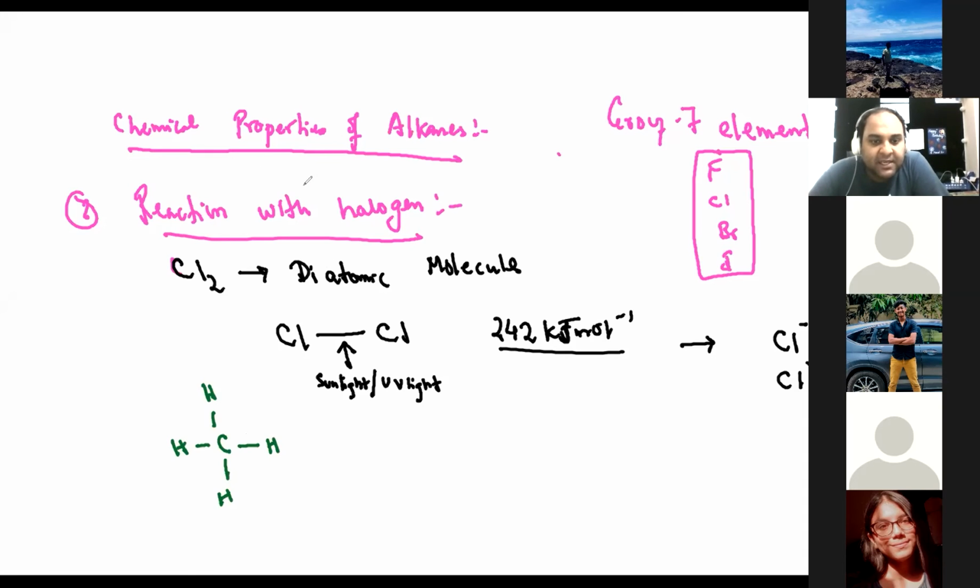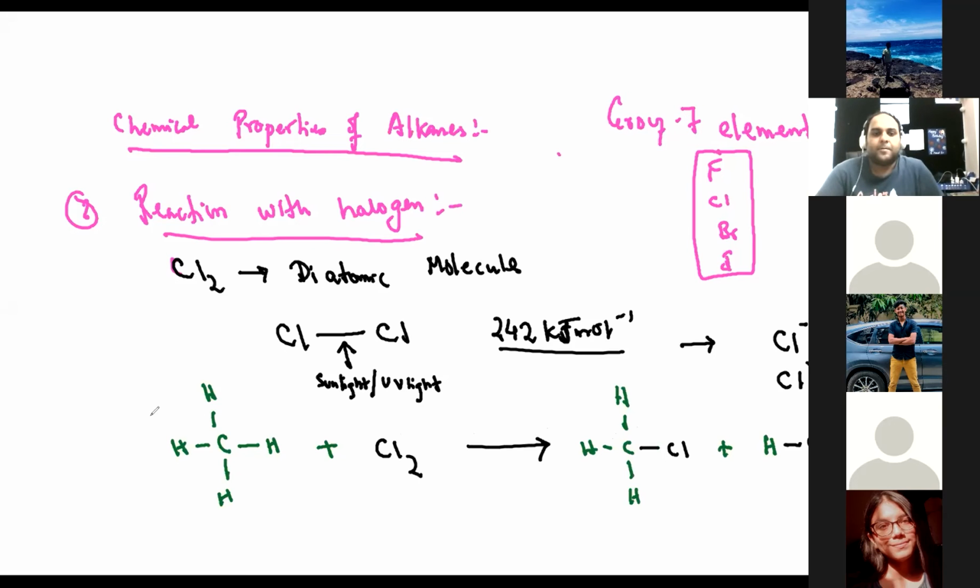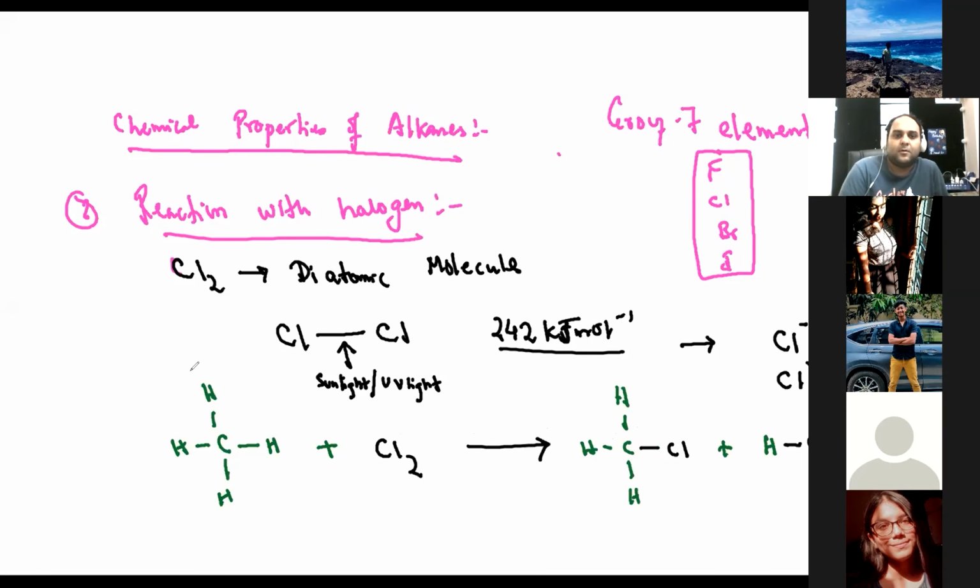So when methane reacts with a chlorine molecule, what happens? ওই যে হাইড্রোজেনের সাথে রিপ্লেস হয়। One of the hydrogens is replaced by one of the chlorines. আর এখানে যে হাইড্রোজেনটা ছিল, what happens?